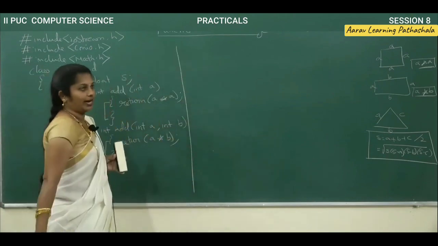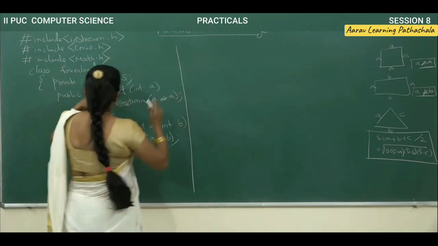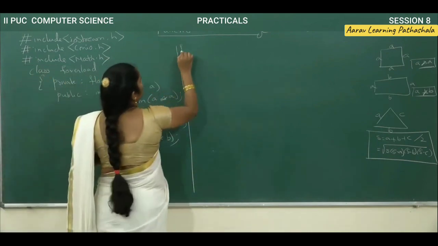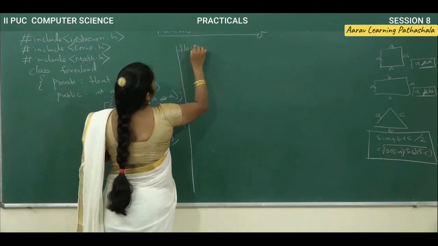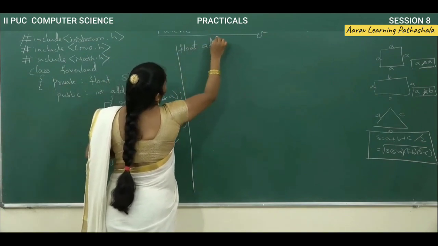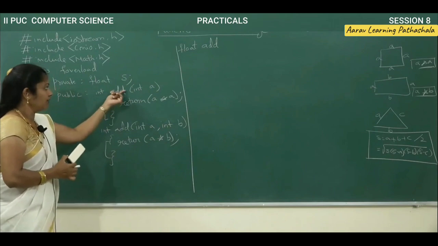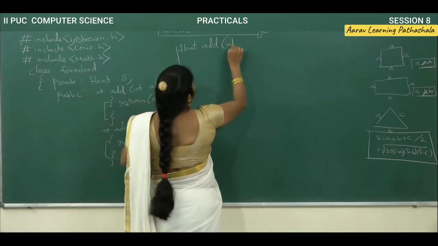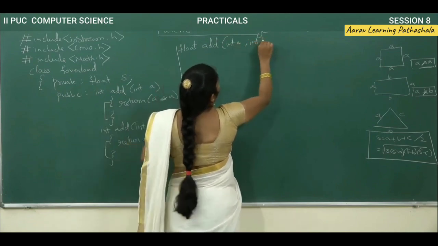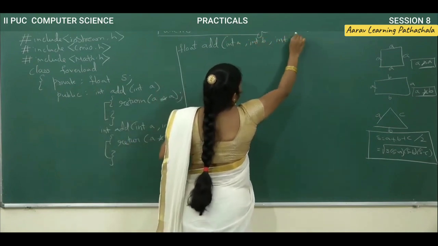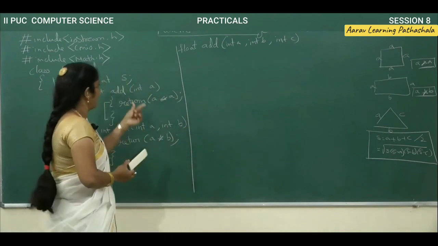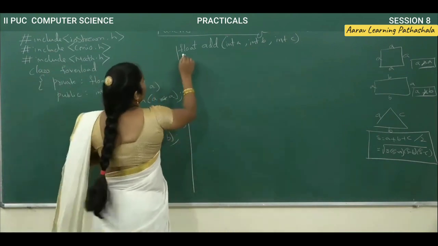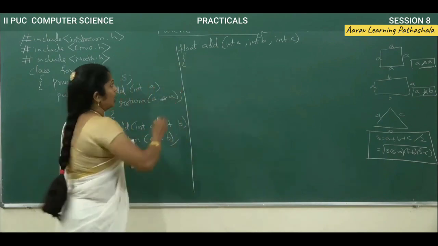Next, one more function we are writing. Here the return type in both the cases we have written as integer. Now I am going to take float. Float add only. How many functions do we have? First function, second function, this is the third function. Here int a comma int b comma int c. Three arguments we are taking. In this, first we will find the S value.